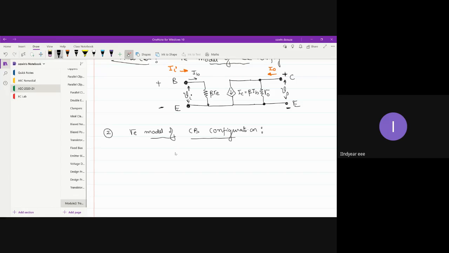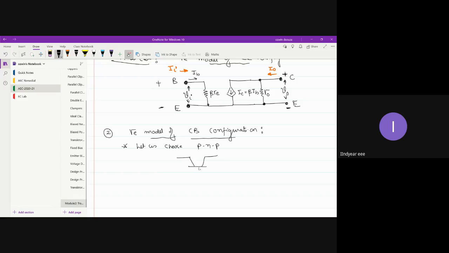Now let me consider a PNP transistor. It doesn't matter. You can even choose the NPN transistor. The model remains the same except for the current direction inversion. That's all. Let us choose a PNP transistor, because we never considered PNP, so let us consider at least one PNP transistor.